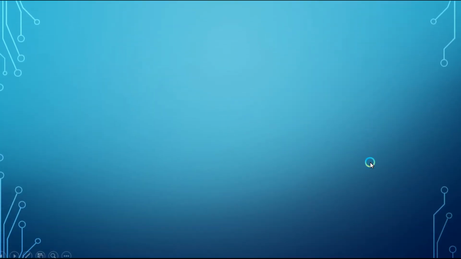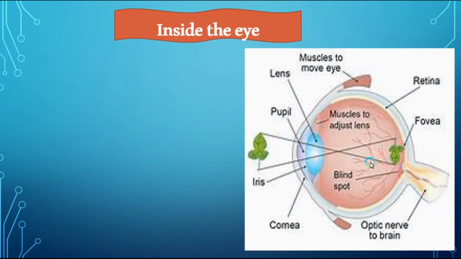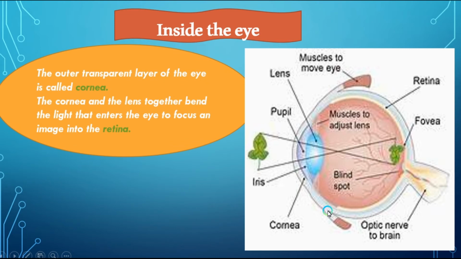And then next one, inside the eye now. The inside of the eye is formed by many other parts. The first one is the transparent part, which is called the cornea. The cornea is the transparent outer layer of the eye. After that comes the lens, behind the pupil.